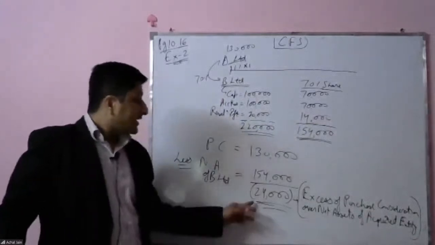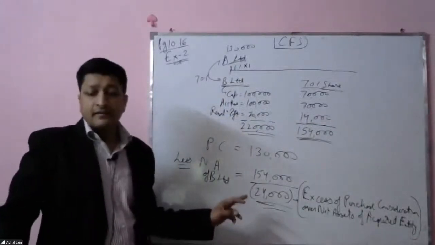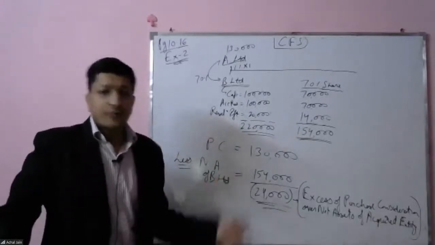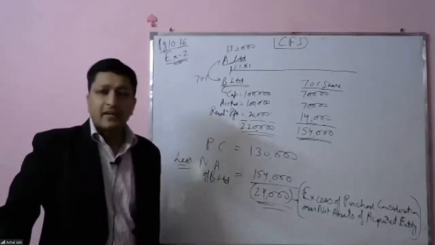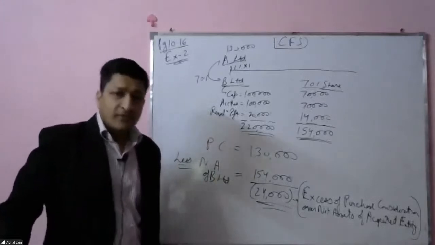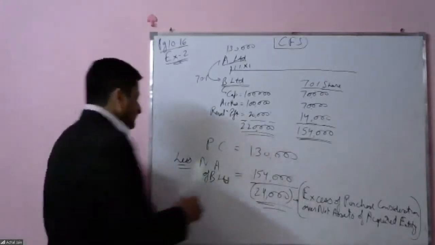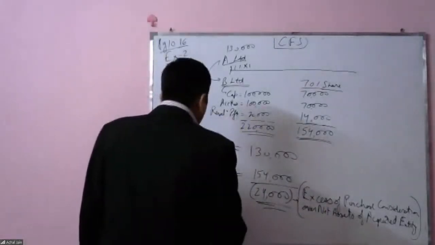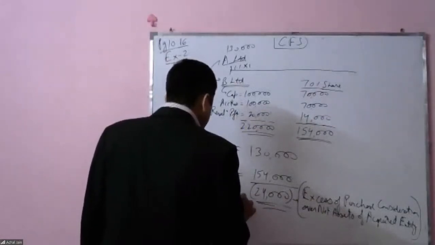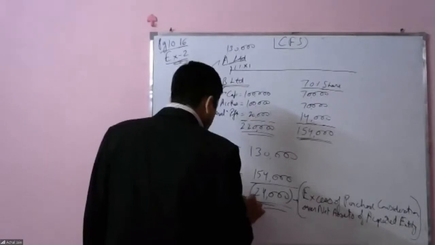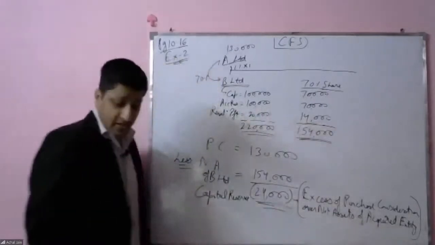Now the moment we get this amount as negative, that will not be called goodwill because it will be negative goodwill. So the negative goodwill situation will be known by the name of capital reserve. We will call it capital reserve.